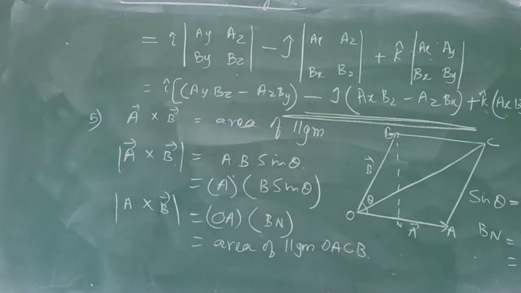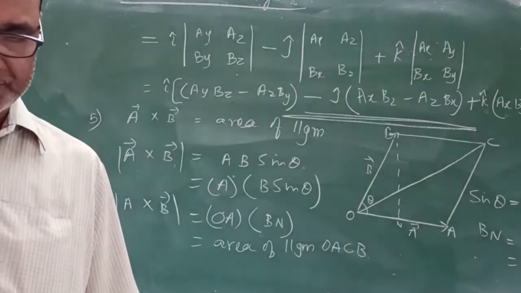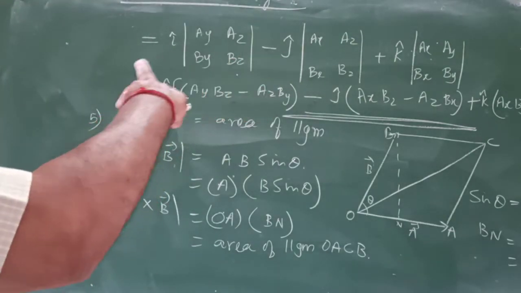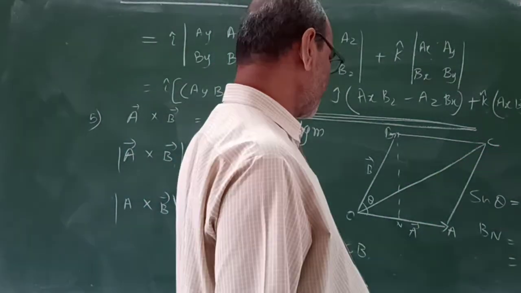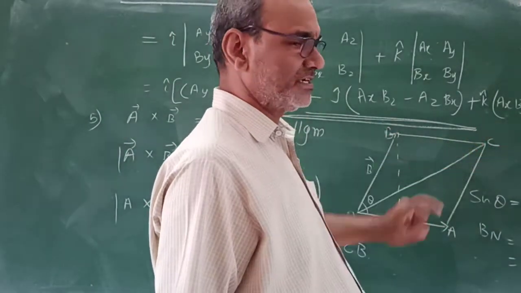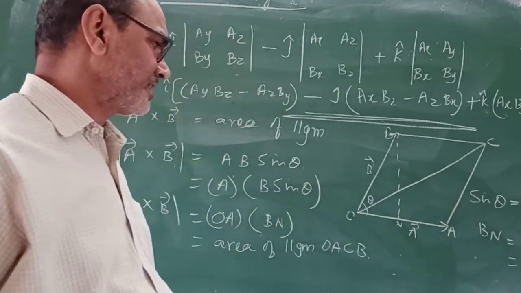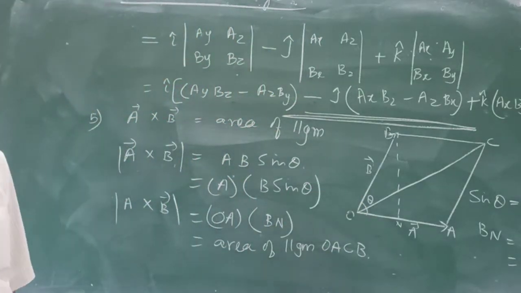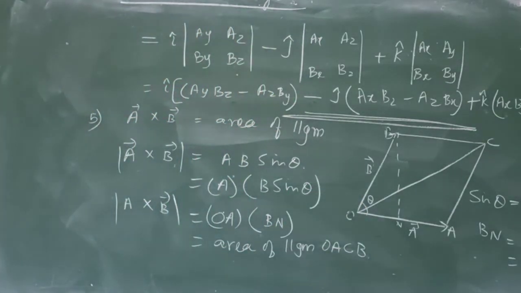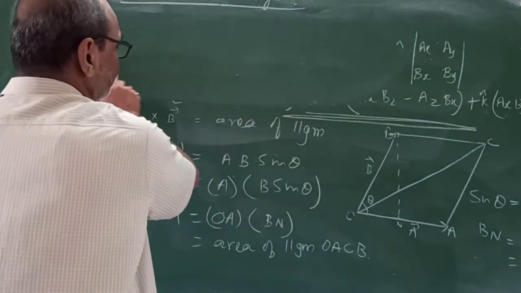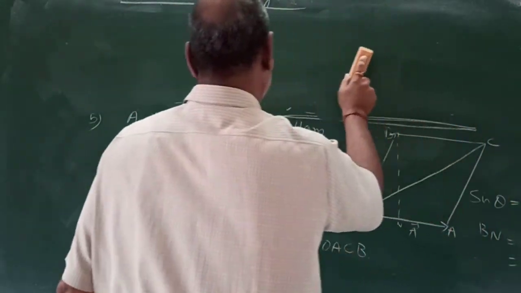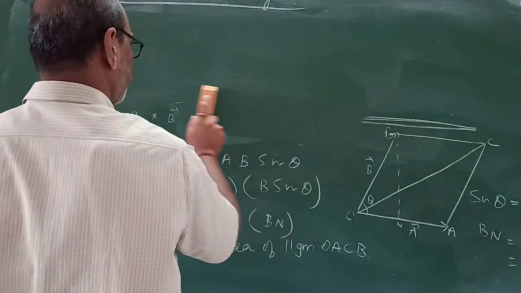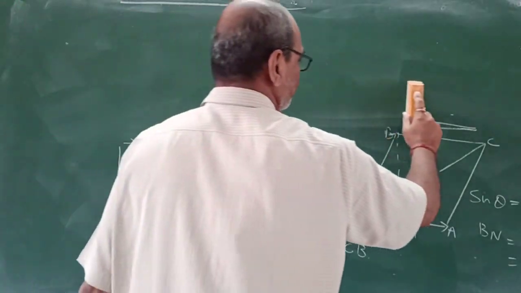If we write area of triangle, this parallelogram is made of two triangles. First one triangle OAC, second one triangle OBC. So we can also write area of any triangle is equal to half into perpendicular into hypotenuse.